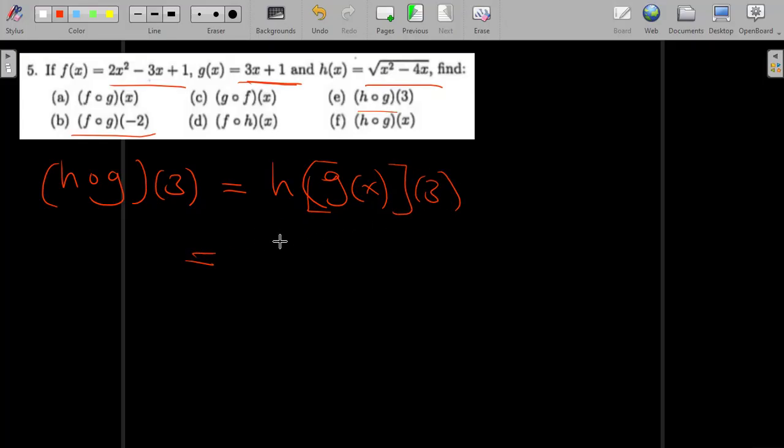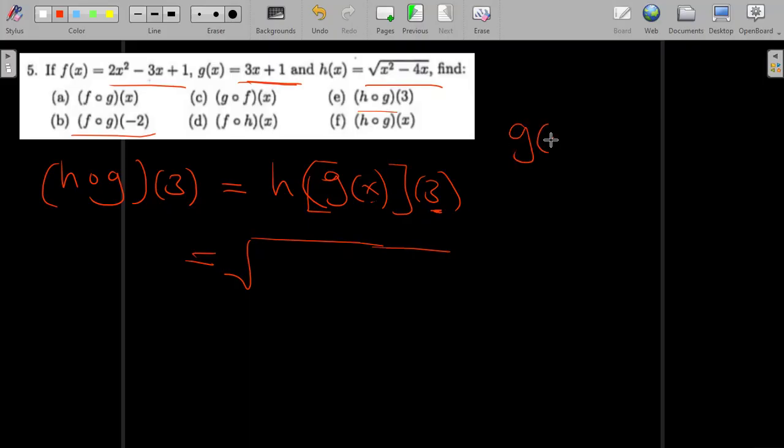So the function there is at root. Then what is x? I plug in my function, but my function has to be evaluated at 3. So in the function g, I'm plugging in that 3 there.